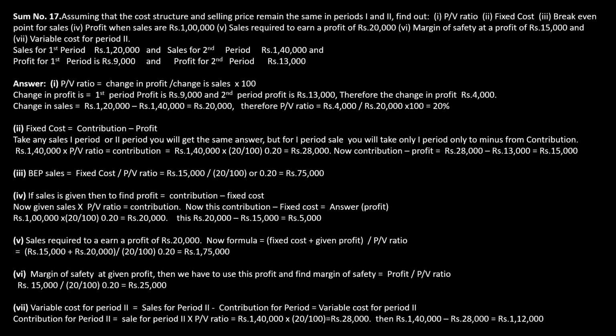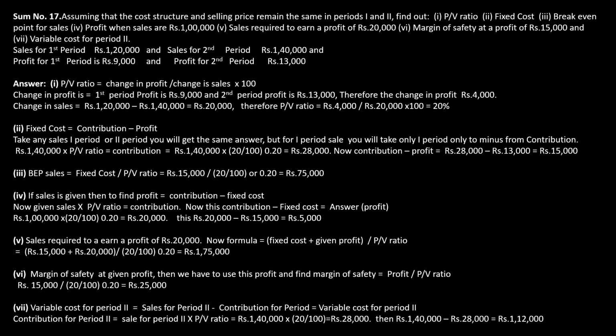BEP for sales, 4. Profit when sales are rupees 1 lakh. The fifth one, sales required to earn a profit of 20,000 rupees. The sixth one, margin of safety at a profit of rupees 15,000. And the last one, number 7, find out variable cost for period 2.